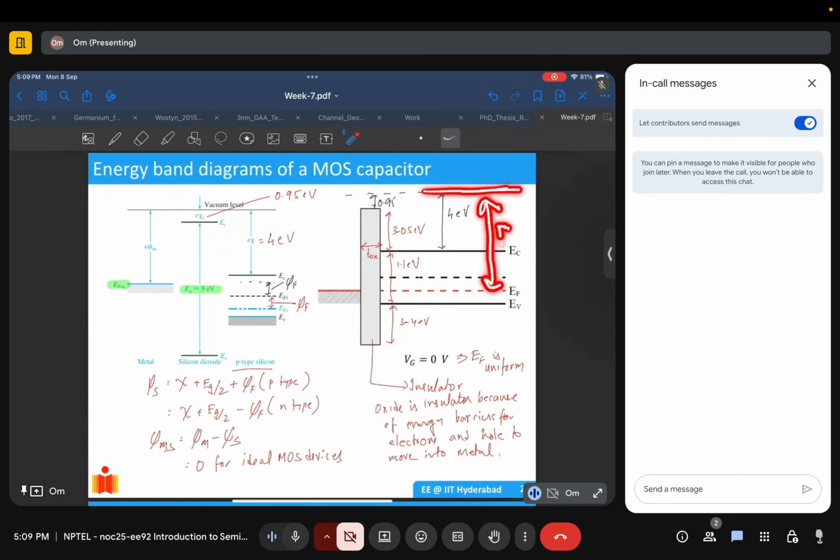That is the work function, and the difference between the work function of the metal and the semiconductor side is called phi ms. Phi m minus phi s. For ideal MOS, it is 0. We are assuming the work function of the metal and the work function of the semiconductor are exactly the same.